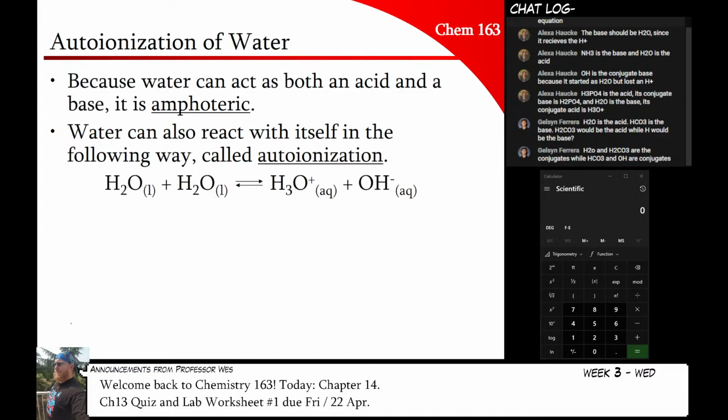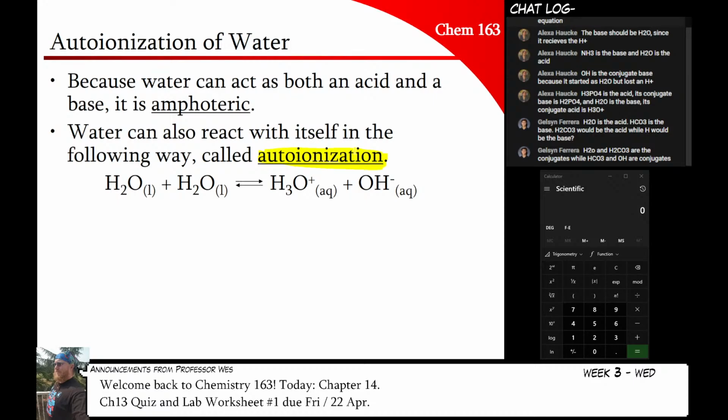So this process is called autoionization. Auto being the prefix that is used to represent self. Ionization meaning forming ions. So water can react with itself.